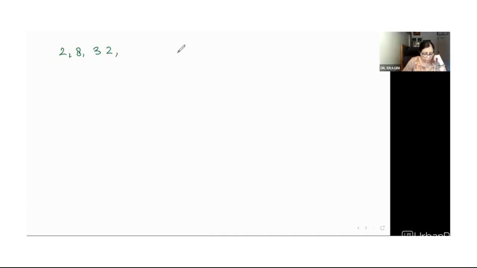Which term of this sequence is 131072? Right? So start this way. This is your A1, the first term. You can check, from 2 to 8 we multiply by 4. It is given that this is a GP, so the common ratio here is 4. The first term is 2, and you can see 8 times 4 is 32.